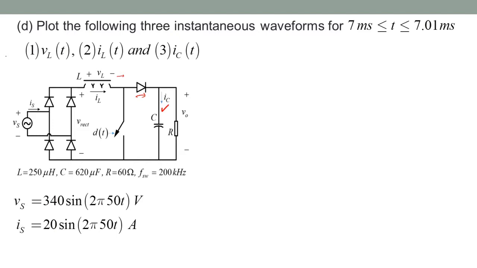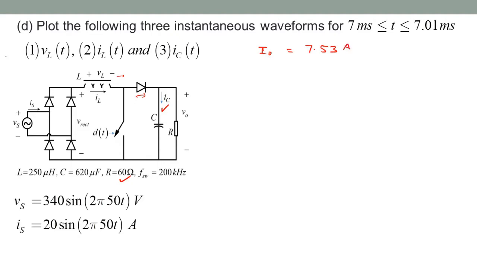Okay, so the I out was the V out over the resistance, which is 7.53 amps, which is nothing but V out over this R of 60 ohms.